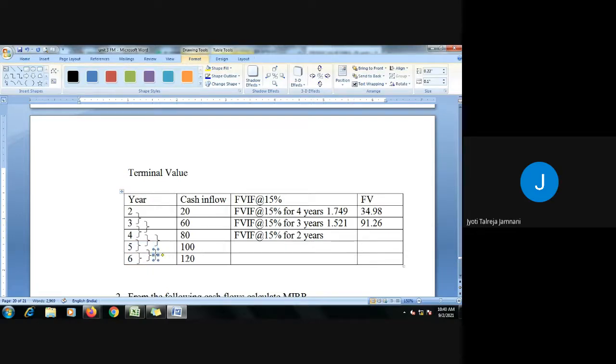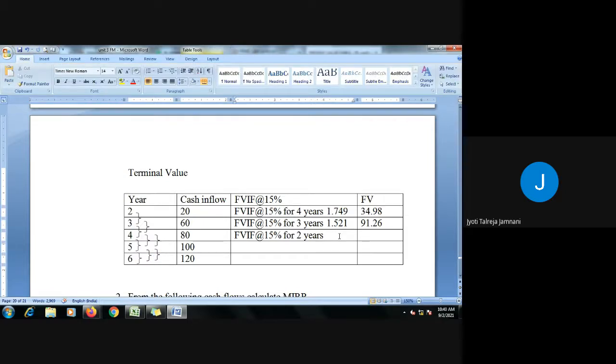The value for the 2 years is 1.322, and if you do 80 into 1.322, you get 105.76. So we are finding the future values. You can see they are more than the present value. 20 rupees has become 34.98, 60 has become 91.26, and so on and so forth.